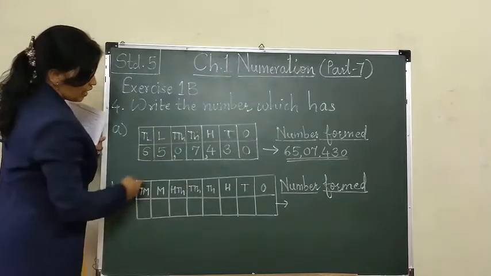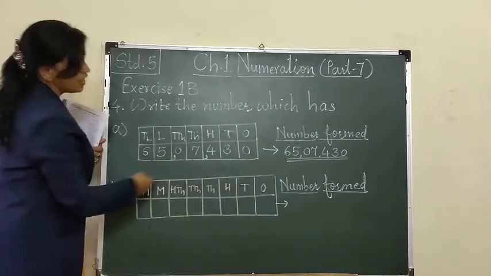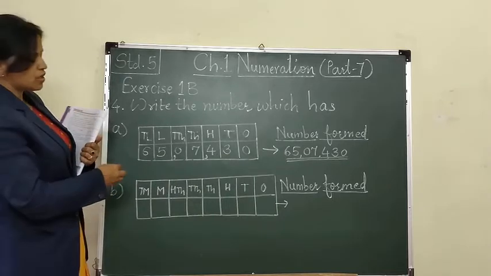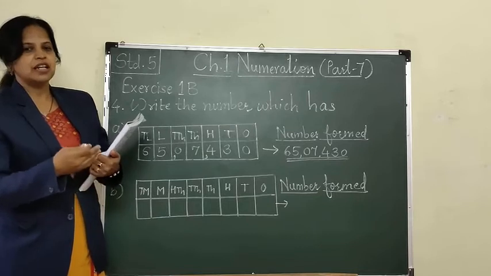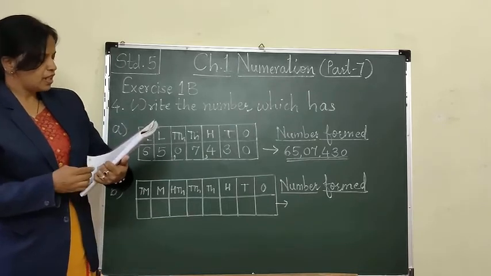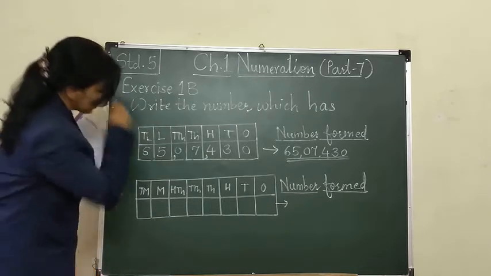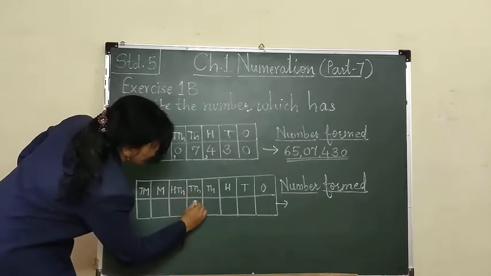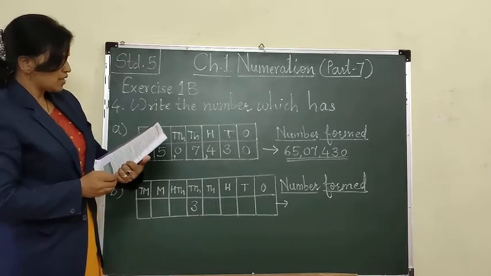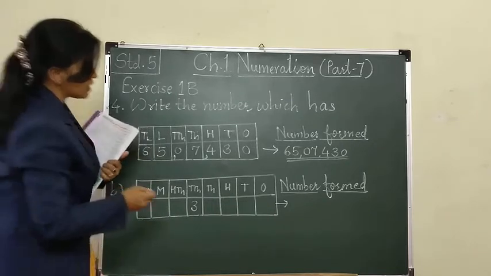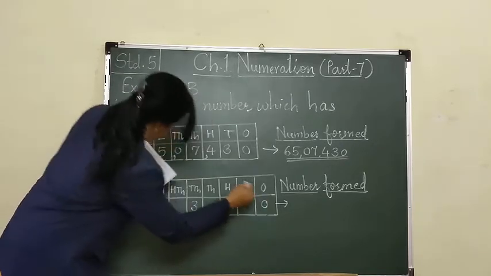So accordingly I have written here the international place value system chart and accordingly we will write down the digits in respective places. See, 3 in 10,000s place. See, this is the 10,000s place, we should write 3 here. 0 in ones, thousands and millions place. Ones place 0.